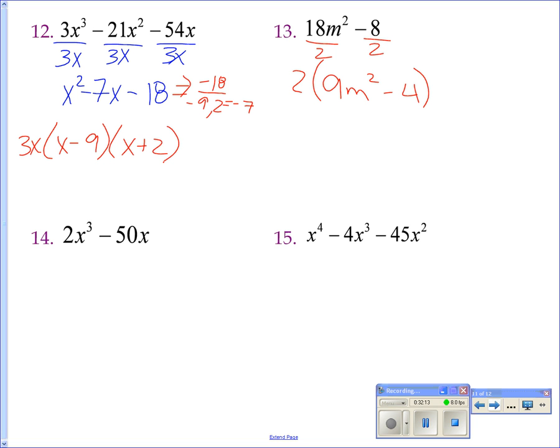So what do I do when it has 2 parts like that? Do I kick out the 4? No, I just split it up. How does it split? 3m goes in both of them. Yep, and what goes out front? Good.